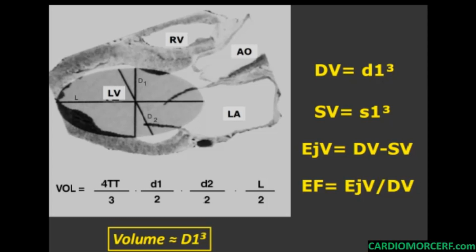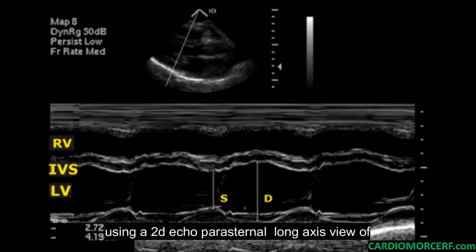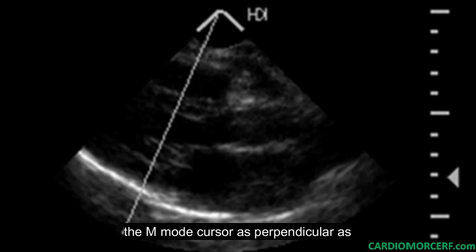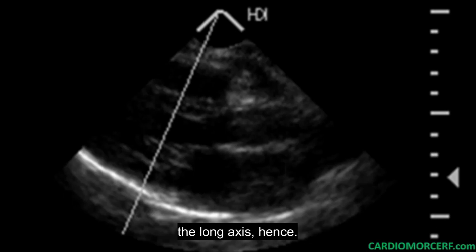Then, using a 2D echo parasternal long axis view of the left ventricle as a direction to set the M mode cursor as perpendicular as possible to the long axis, just at the tips of the mitral valve, in most cases we are not able to set it perpendicular to the long axis.